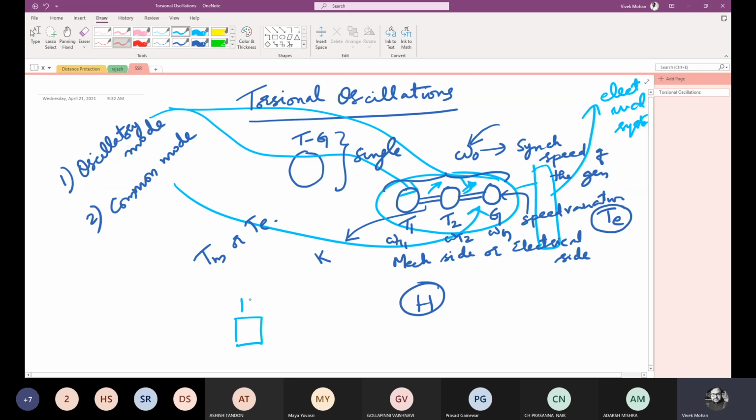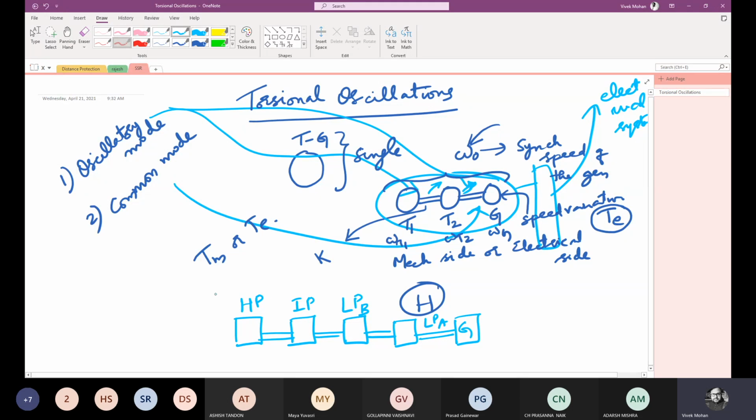I have a high pressure turbine, then an intermediate pressure turbine, then low pressure turbine B, low pressure turbine A, connected to generator. So all these masses are connected. So this is a steam turbine generator system.